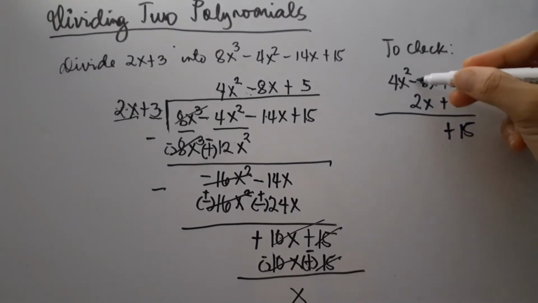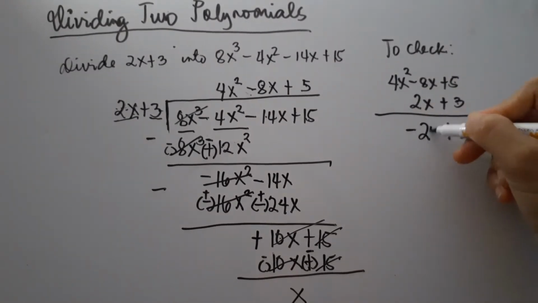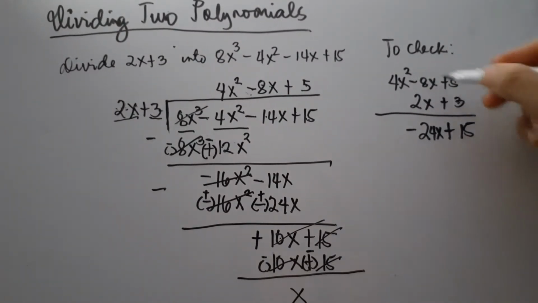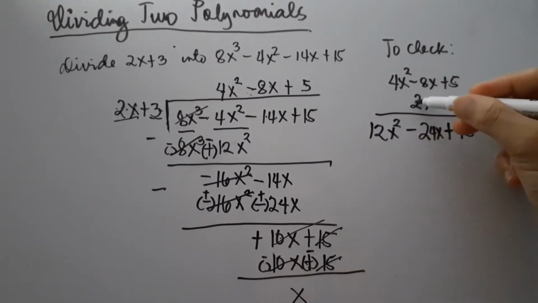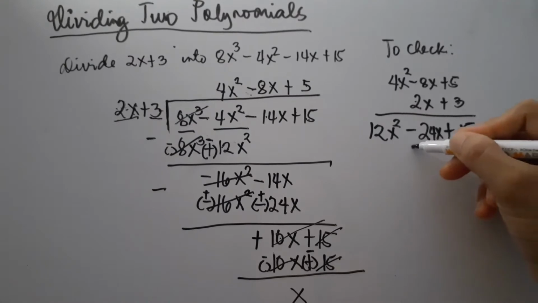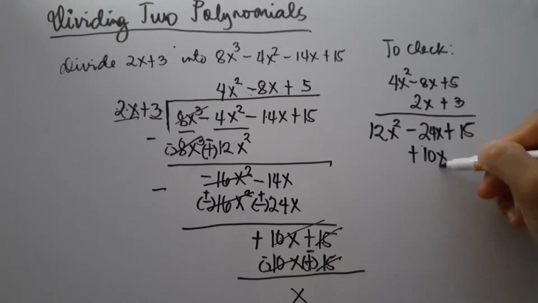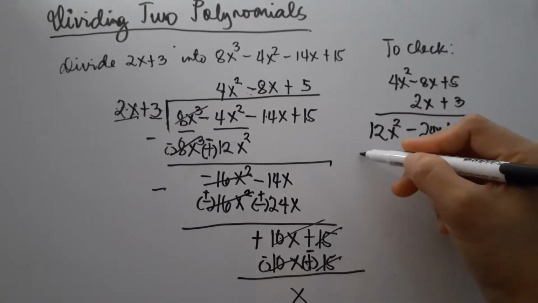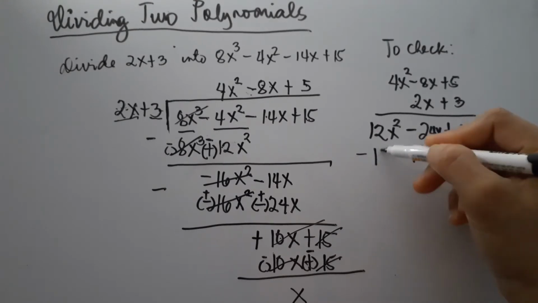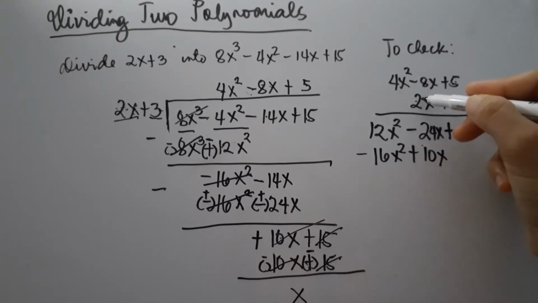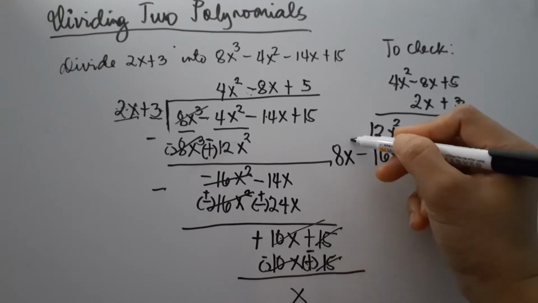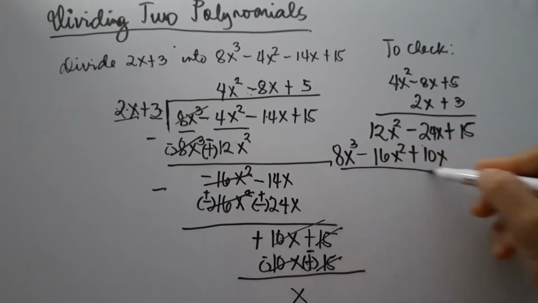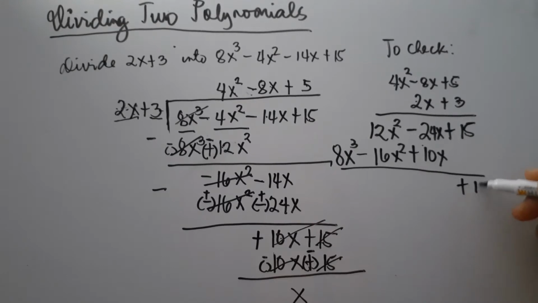Negative 8 times 3 becomes negative 24x. Then 3 times 4x squared becomes 12x squared. Then 2x times 5 becomes 10x. 2x times negative 8 becomes negative 16x squared. Then 2x times 4x squared becomes 8x cubed.